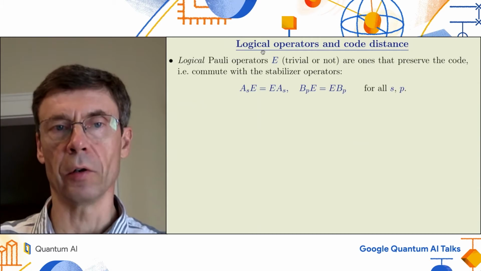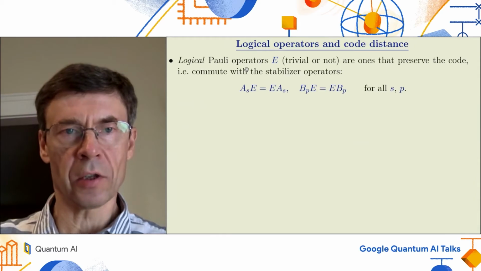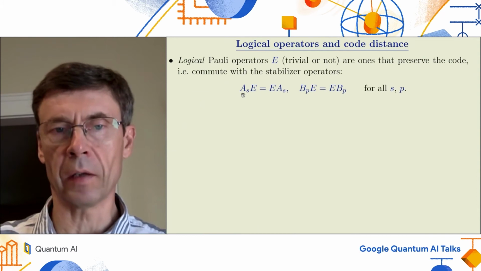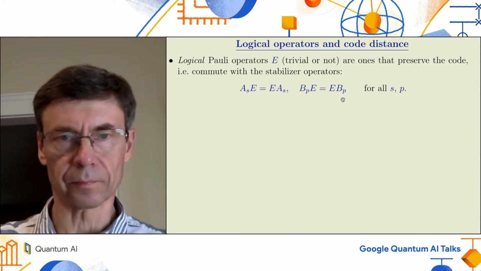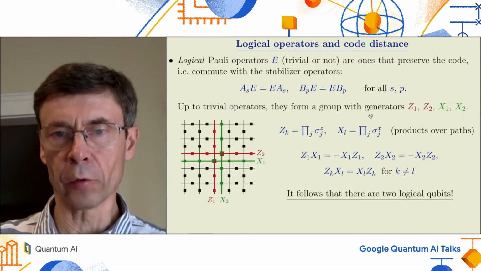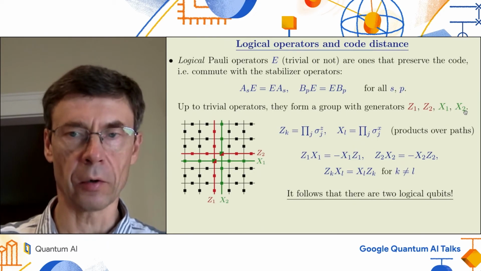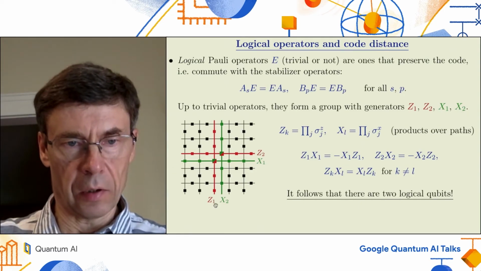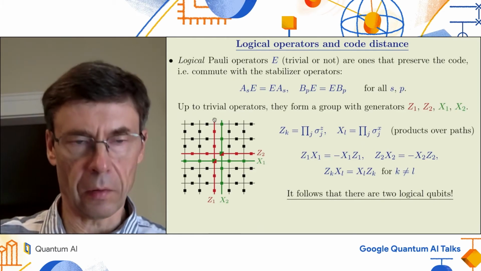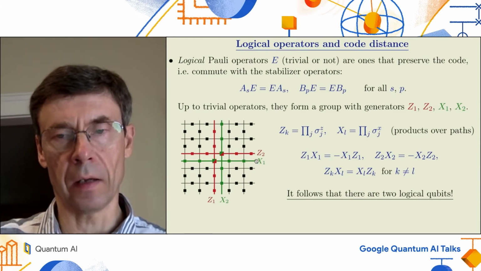To complete the description of the code, let's discuss logical operators and code distance. Logical operators are defined as operators that commute with all stabilizers. Up to trivial operators, they form a group with generators Z1, Z2, X1, X2. This is specific to the toric code. Z1 is the product of sigma Z along a vertical line, and X1 is the product of sigma X along a horizontal line.